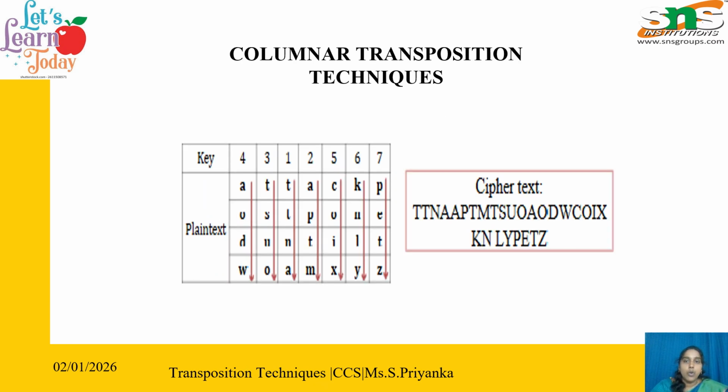Next, coming to the columnar transposition technique. In this, a key will be given. The given plain text will be placed in the order of the key. Let us take an example. Here the given plain text is attack postponed until 2 a.m., which you have to insert in the column transposition.